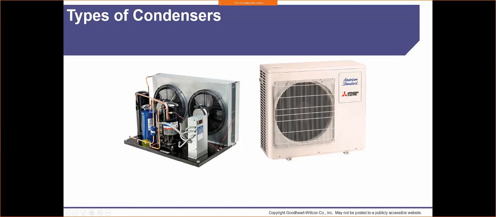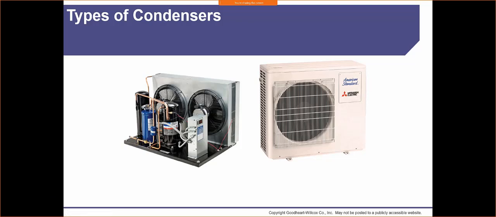And then we've got a little sight glass. The sight glass is used for charging the system. You basically peek through the sight glass and it'll tell you if we have refrigerant flowing through. You can see a difference between the liquid and the vapor refrigerant. This is on the liquid line, so we would not want to see any bubbles or anything like that. So it's just helpful for charging.